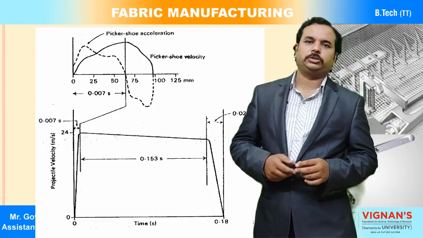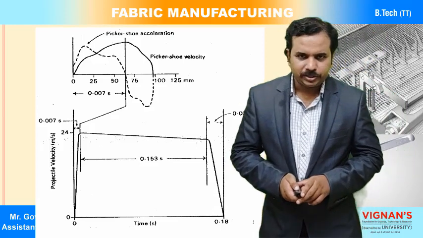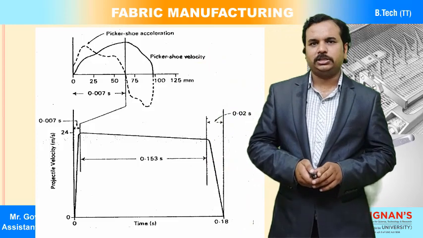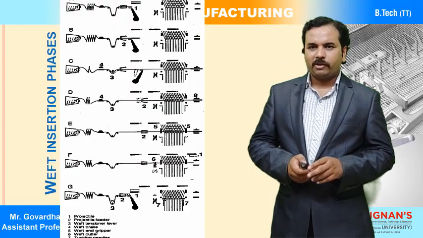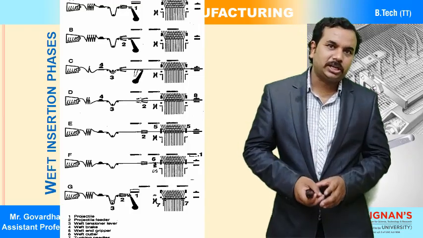So the shuttle has less velocity, but the curve is similar. Then we will see what exactly the weft insertion phases are.